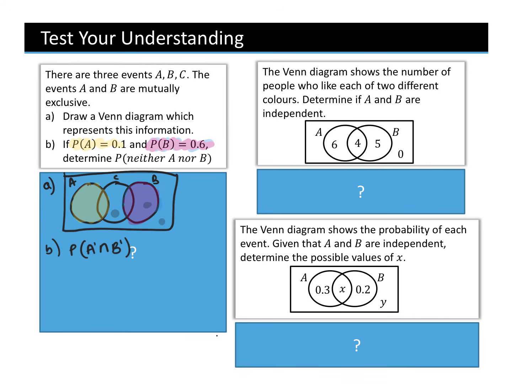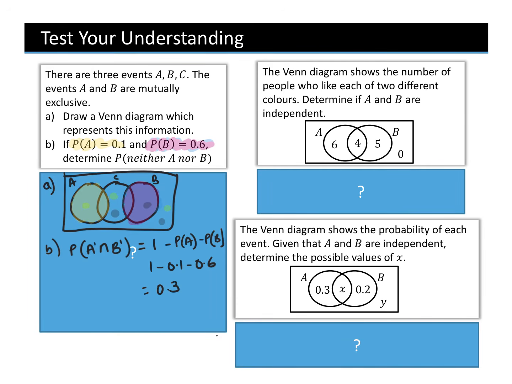Not B, here, here, and here. The intersection means where do they intersect? Where have I put 2 dots? Now they intersect in that remainder of C and the universal set. Now for us, we don't know what the remainder of C or the universal set is, but we do know that within this, the probability will add to 1. So this is going to equal 1 minus the probability of A minus the probability of B, which is 1 minus 0.1 minus 0.6, which we know is 0.3. Okay?